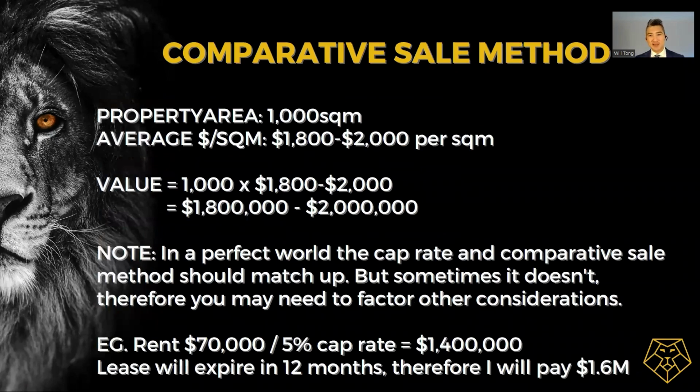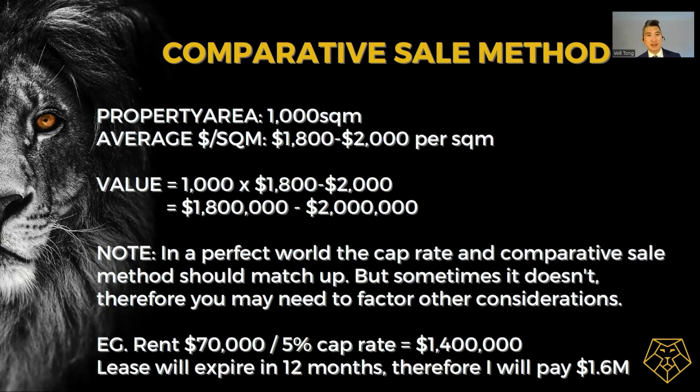Okay, the second method of determining value is the comparative sale method. This is basically just comparing what is the average price per square meter achieved in the market, and you then compare that to your property.